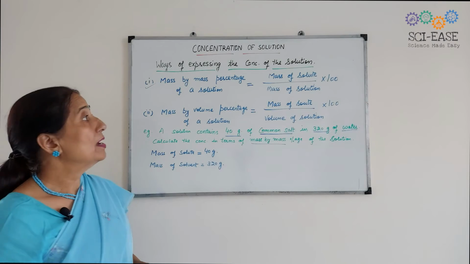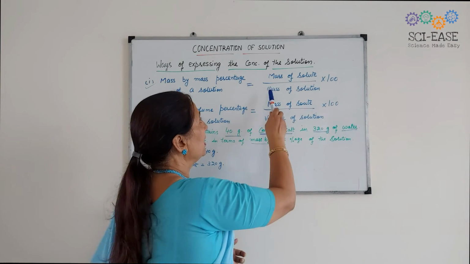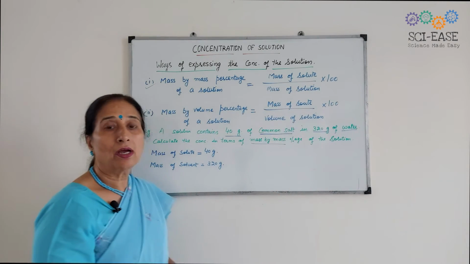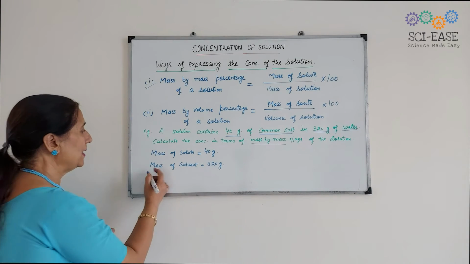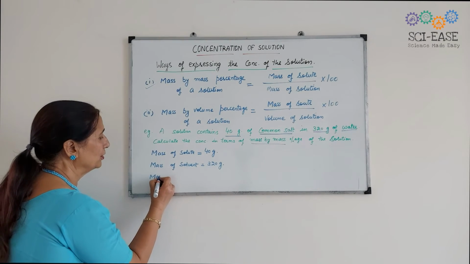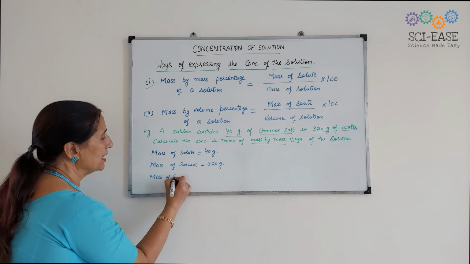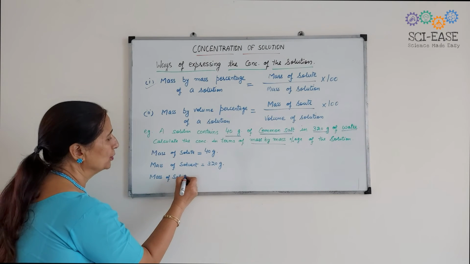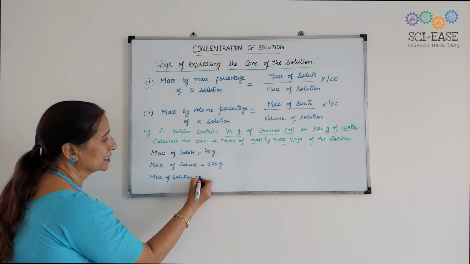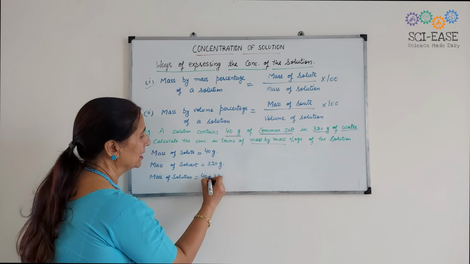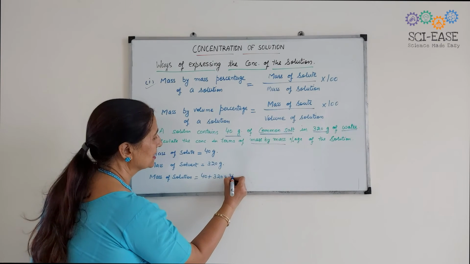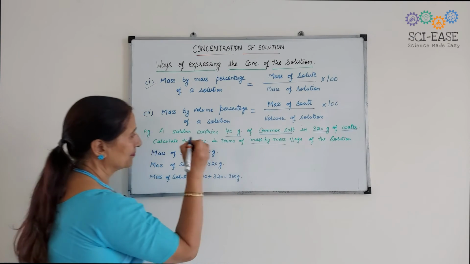But in this formula, we need mass of the solution. How can we calculate mass of the solution? Mass of solution is equal to mass of solute plus mass of solvent, that is 40 plus 320. It is equal to 360 grams.